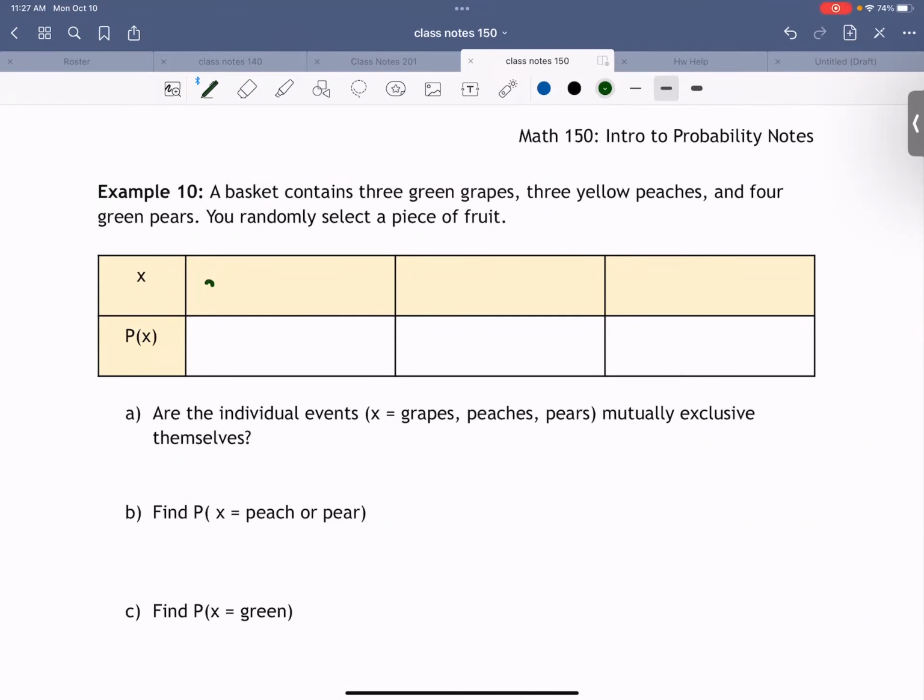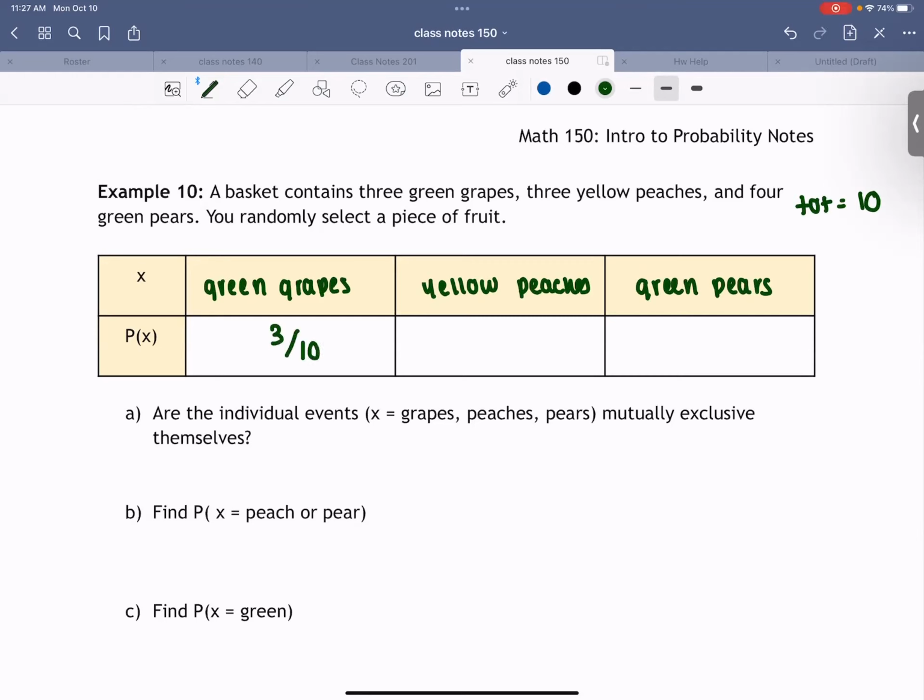Green grapes, yellow peaches, and green pears. Okay, how many total pieces of fruit do we have? Right? What do you think the probability of a green grape is? 3 out of 10.